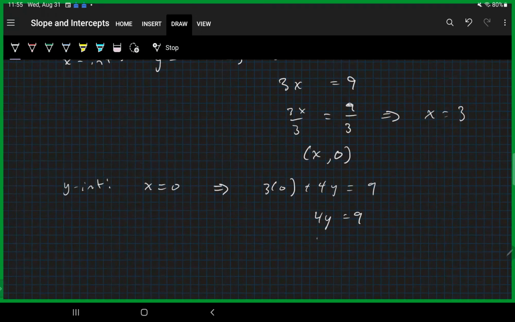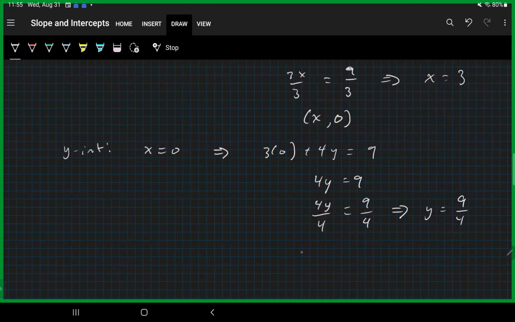And when I divide both sides by 4 here, I'm going to get a fraction, and that's okay. So 9/4 is my fraction for y, and that gives me, oh, I'm going to fix my x-intercept up there. I'm sorry about that. So my y-intercept is 0, 9/4.